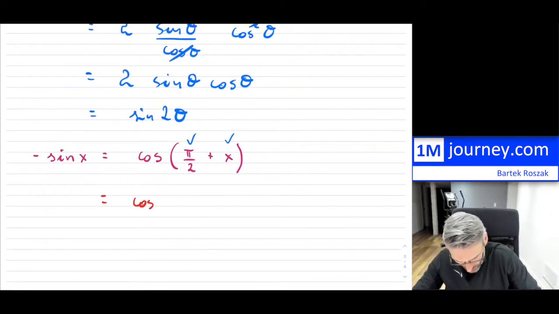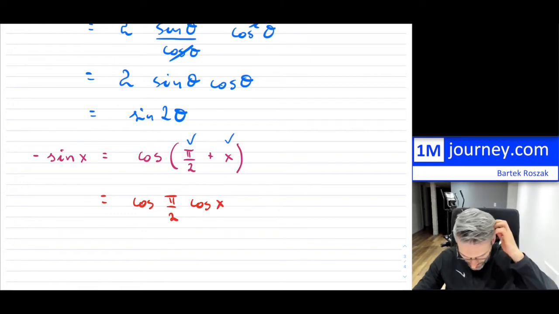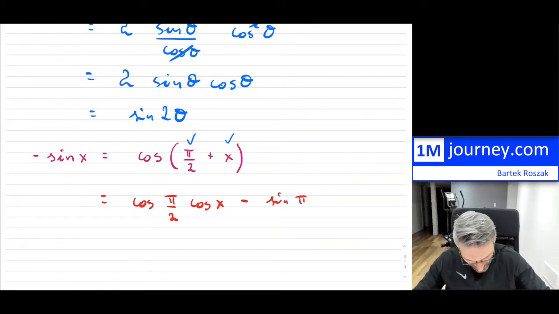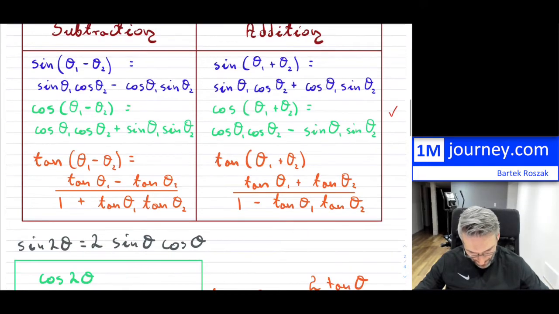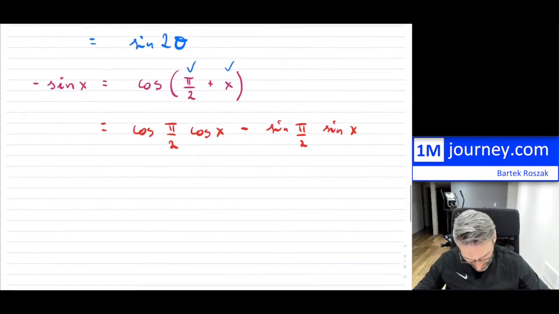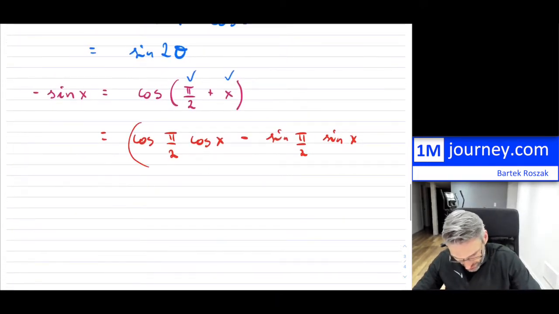So that's going to be cos of pi over 2 times cos of x minus sine of pi over 2 times sine of x. That's just coming in from that compound formula. Now I know what this is, right?